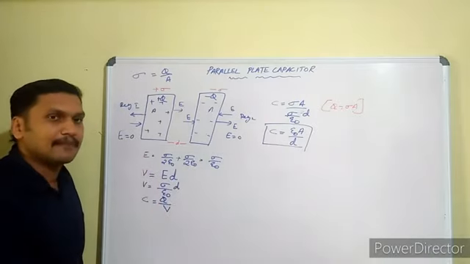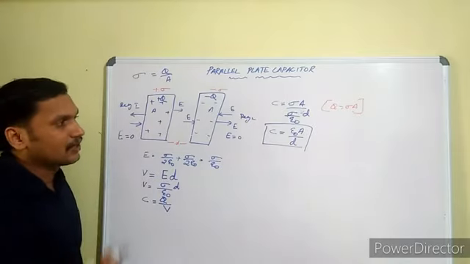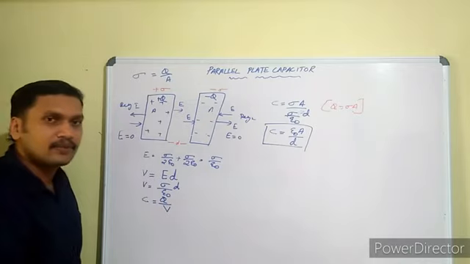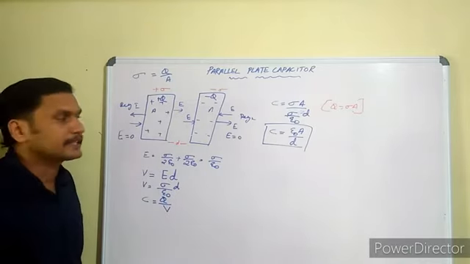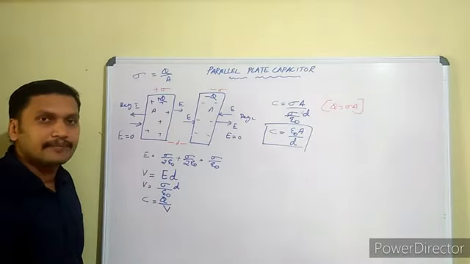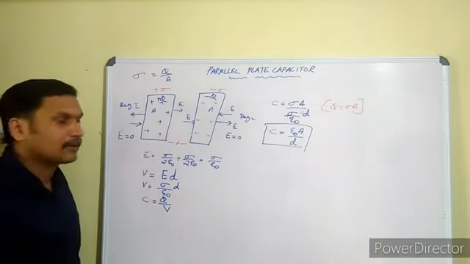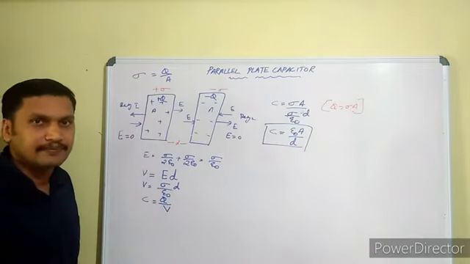For a parallel plate capacitor, the capacitance is epsilon 0 A by D. Here, what is epsilon 0? Epsilon 0 is the permittivity of free space. I already told you that the gap between the plates is usually filled with some dielectric.